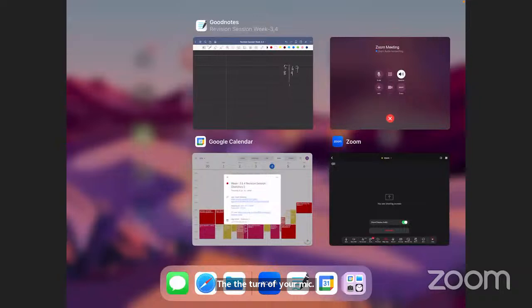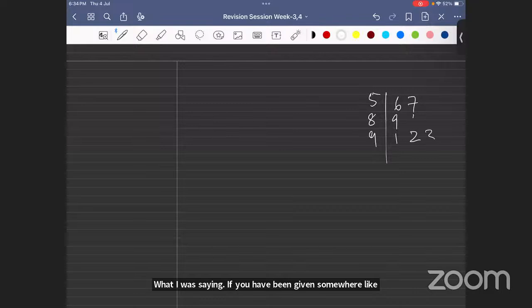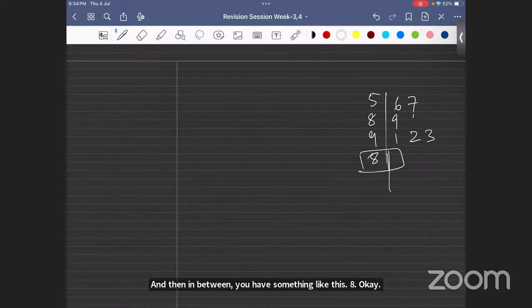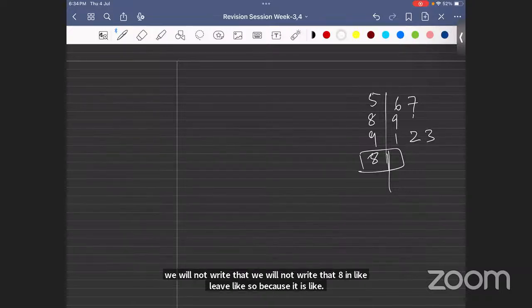So what I was saying is, if you have been given data points like 91, 2, 3, and then in between you have something like 8, and nothing has been written, you can just ignore this. We will not write that 8 in the leaves, because we can just assume it as 0.